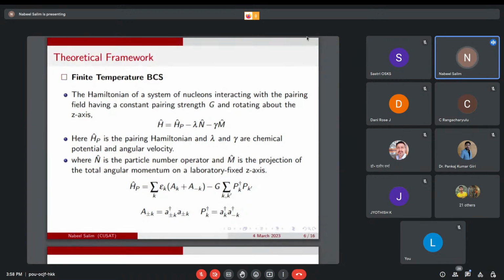Here we are going to study the effect of pairing both in temperature and in finite angular momentum. The pairing Hamiltonian is shown here with the single particle term and the interaction term in the second quantization form.